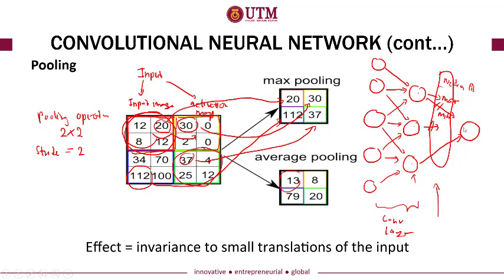So that's why the deep learning architectures that you design using CNN produce a simpler network compared to a deep neural network, which only depends on fully connected layers or matrix multiplication operations.